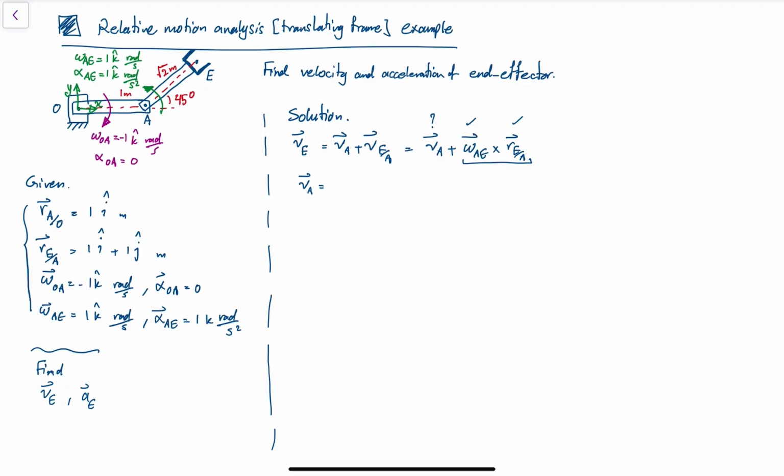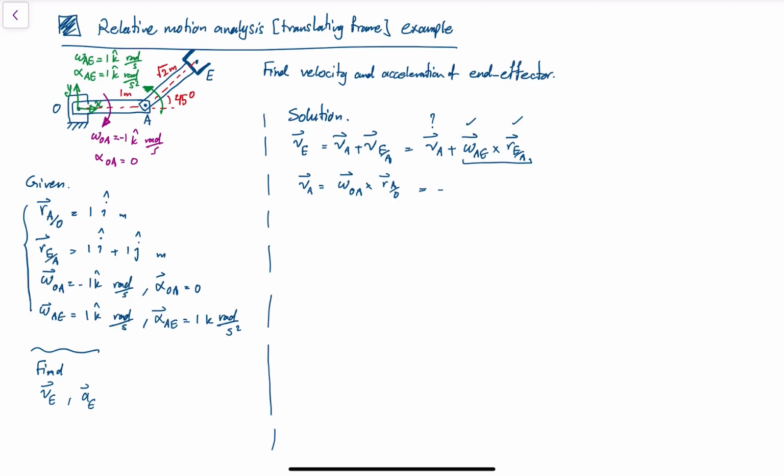So I can write omega OA cross R of A relative to O. Basically, it is the same formulation, noting that velocity of point O is 0. And this one, I know everything, so let's calculate this.